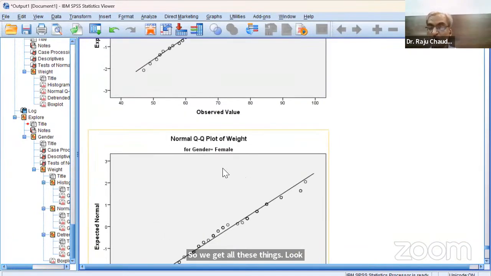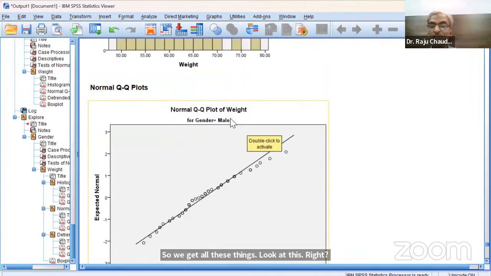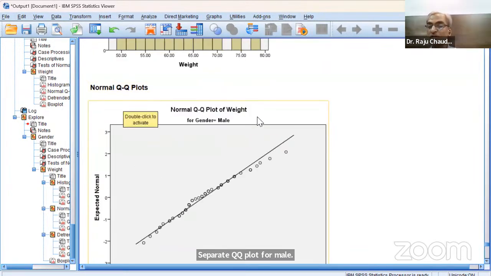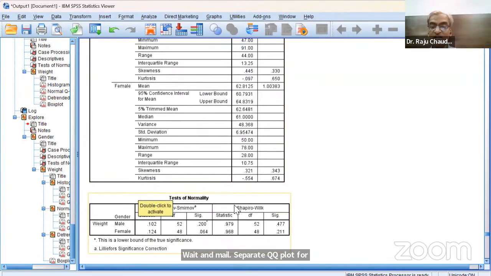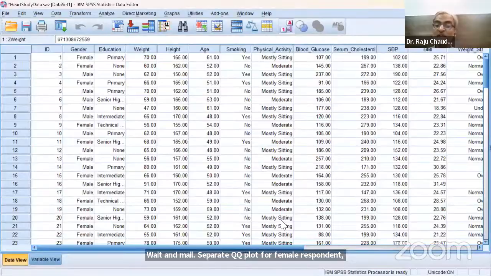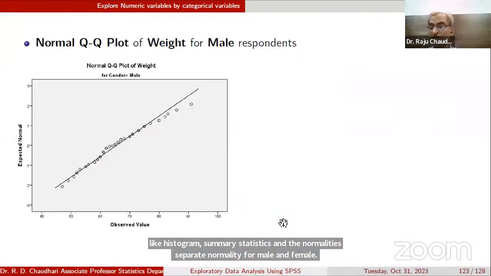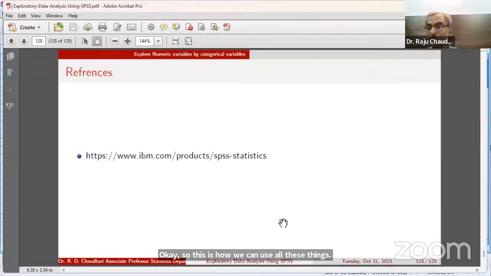Separate QQ plot for male respondents, separate QQ plot for female respondents, right? Histogram, summary statistics, and separate normality tests for male and female. Okay, so this is how we can use all these things. I hope it is clear.